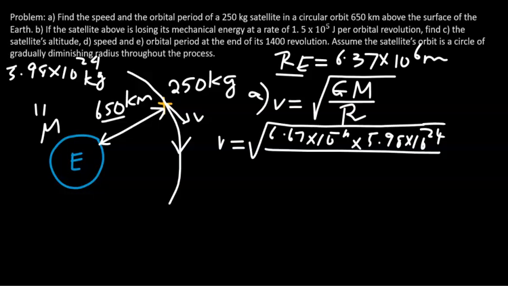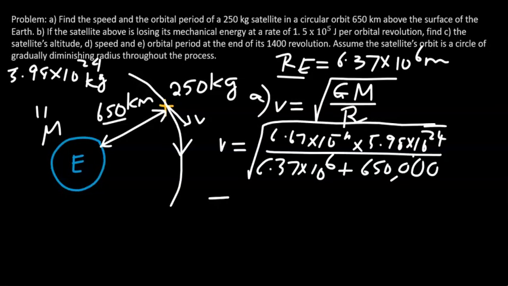So that is 6.37 times 10 to the power 6 plus 650 kilometers. Converting that into meters, you will get 650,000 meters. And when you do the calculation, you get 7,538 meters per second for the orbital speed.